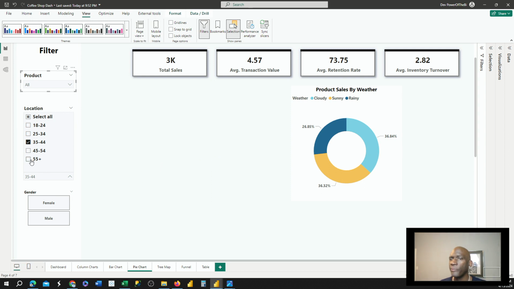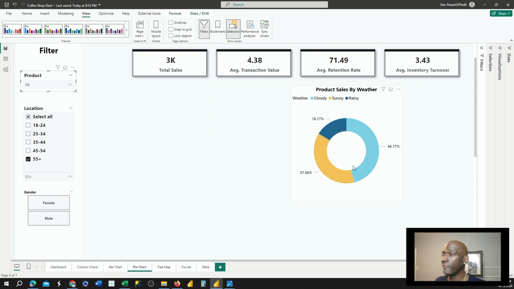If we say, well, let's look and say we have 55-year-olds coming in on cloudy days. So we have more 55 and up year old age group coming in on cloudy days to buy product, then we know we want to increase the product that these guys are having.